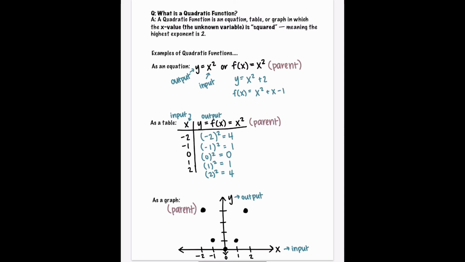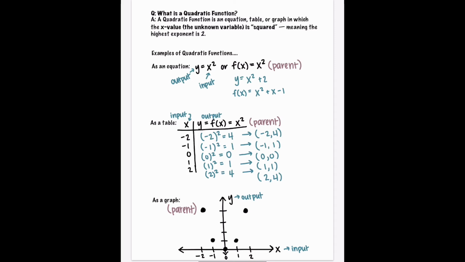Okay, so all I've done here is mark the points that we found in this table. You could also go back if you wanted and create points, which would help you with graphing. So as a point (x, y), this would be the point (-2, 4), (-1, 1), (0, 0), (1, 1), and (2, 4).